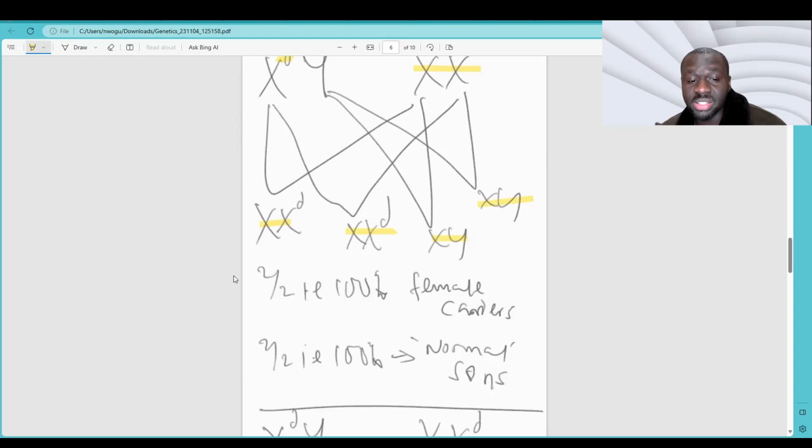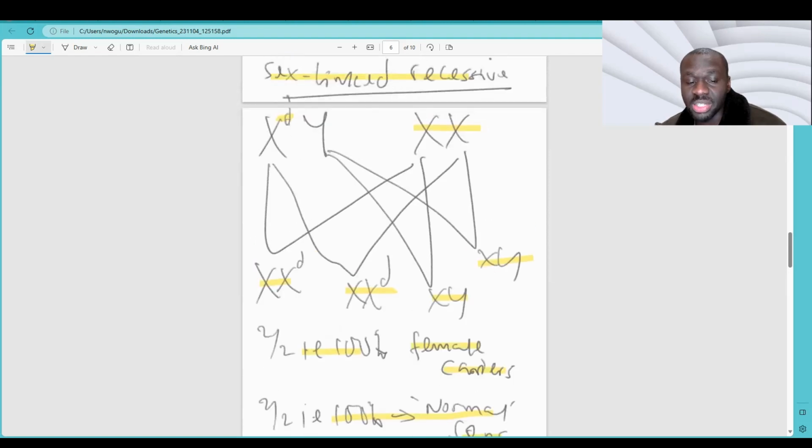So for each pregnancy, there is a 100% chance that the daughters will be carriers. And there's a 100% chance that the sons will not have the abnormal gene. You can see that.